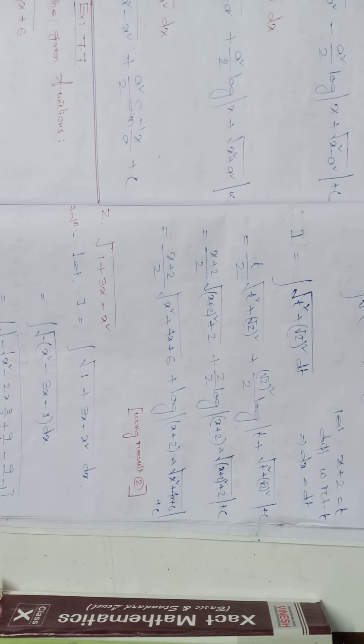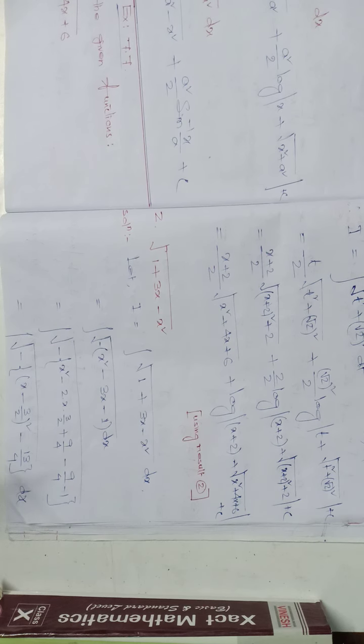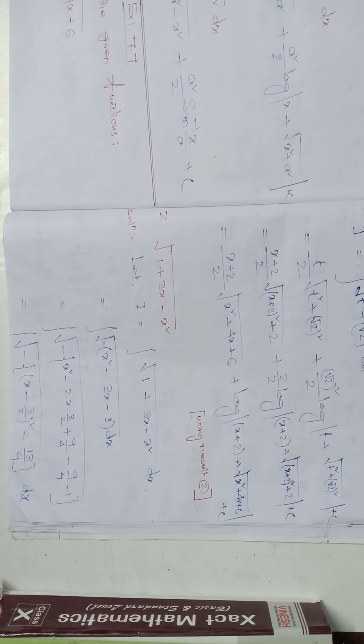So this 3x can be written as x square minus 2 into x into 3 by 2. This 2 gets cancelled, so 3 by 2 will be b. You can write b square, so it is 9 by 4 minus 9 by 4 minus 1, so it will be minus of x minus 3 by 2 whole square minus 13 by 4 dx.